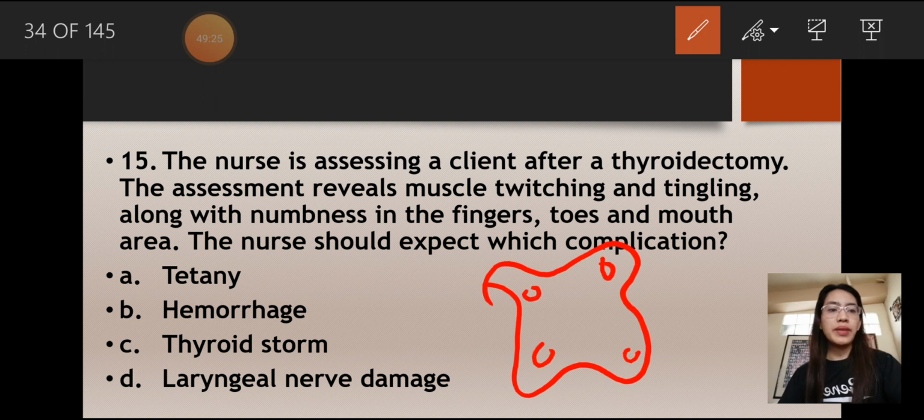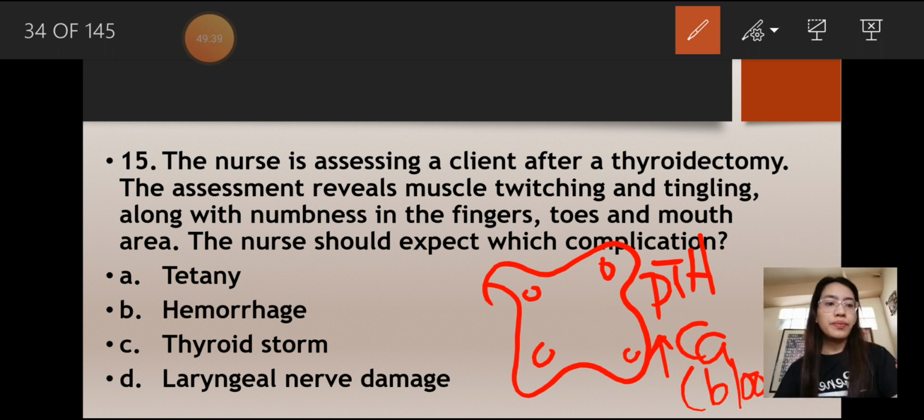And parathyroid hormone is also for calcium regulation. Ang PTH natin, pampataas din yan ng calcium. Pero saan guys? Anong pinapataas niya? Pinapataas niya sa ating dugo. Kabaliktaran niya si calcitonin. Si calcitonin kanina, pampataas din ng calcium pero pinapataas niya sa buto. But parathyroid, sa blood naman.